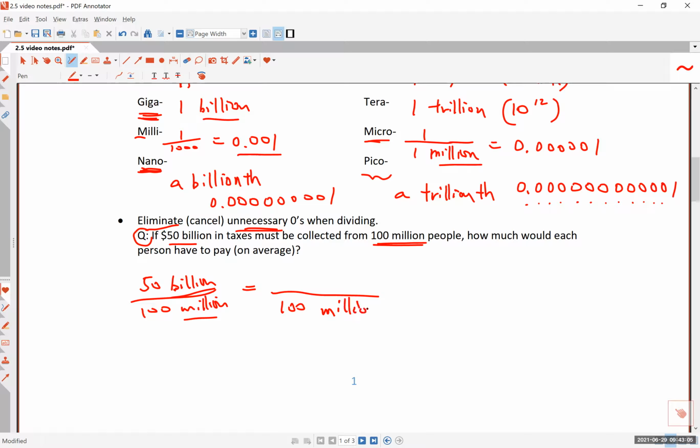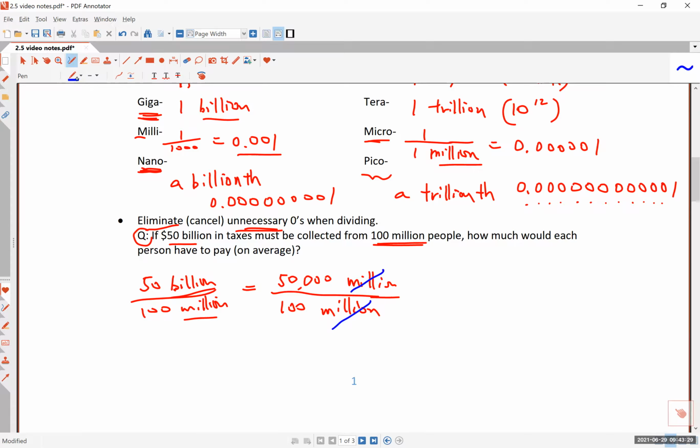The denominator is 100 million, right? How about the numerator? It's 50 billion, but 50 billion is 50,000 times a million. You see that? 50 billion can be written as 50,000 million because 1 billion is 1,000 times a million. Notice here you have millions and millions, on top and bottom.